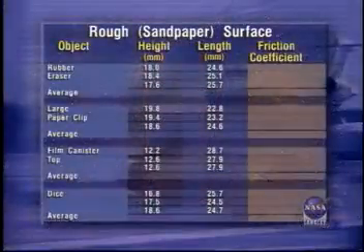Now that we have finished our testing, we are ready to look closely at our data. First, we will calculate the height and length average for each object on each of the surface types.